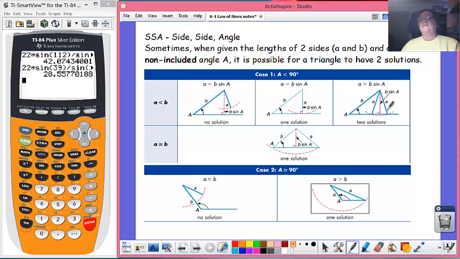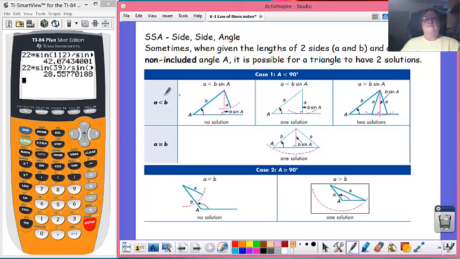That side A could be out here, or, given that same side length, keeping it fixed, you can see that that piece A could fit here as well. So it could be that your A is a small angle in the triangle, or it could be that your side A is a bigger angle.